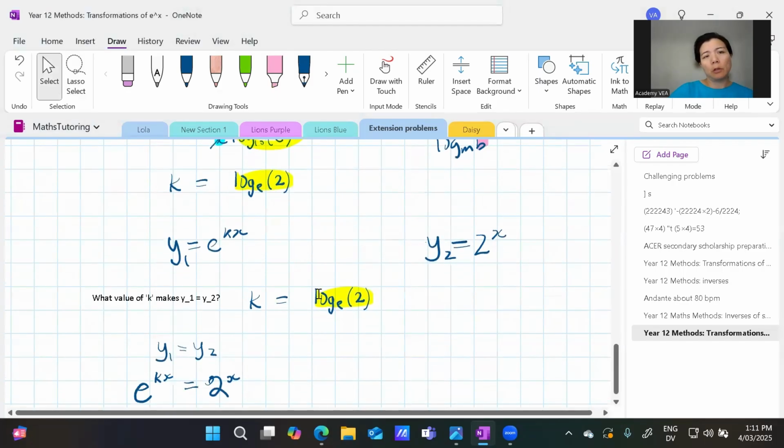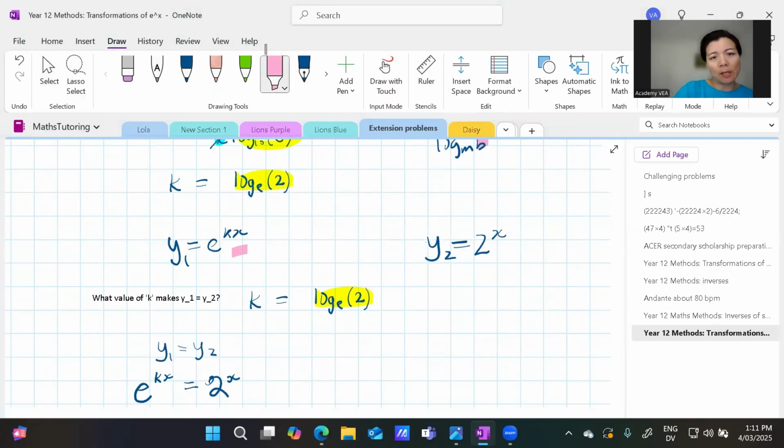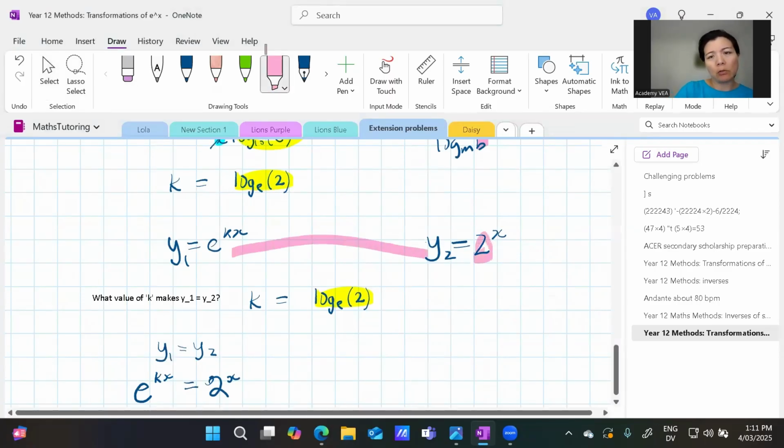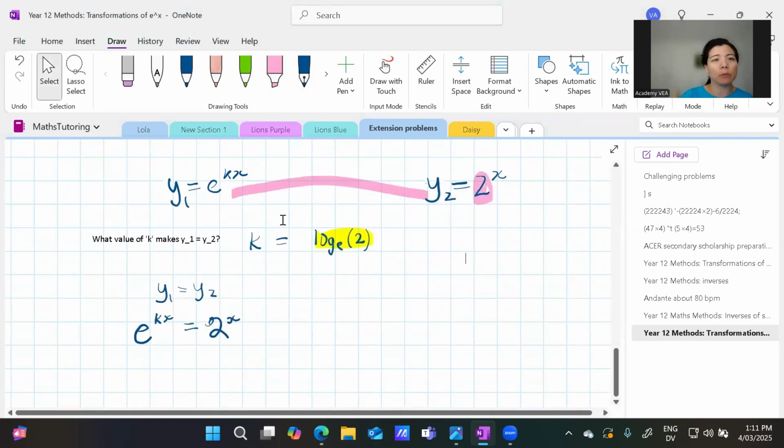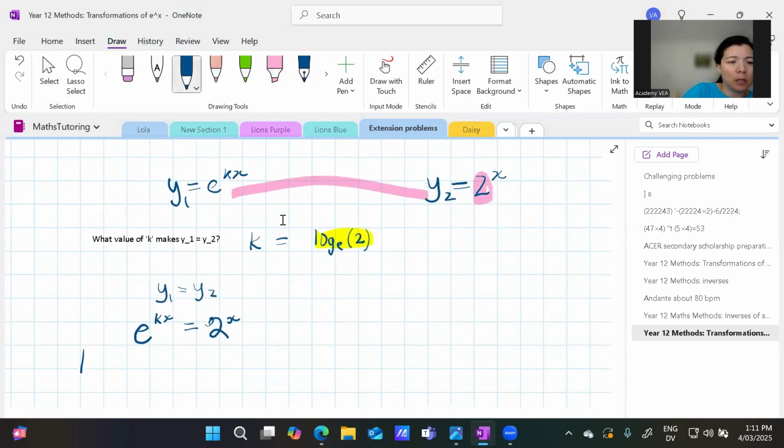Knowing that I want to go from base e to base 2, I want to get rid of the e, so I would take logs to the base e of both sides. It just means that you're going to get there a little bit quicker.